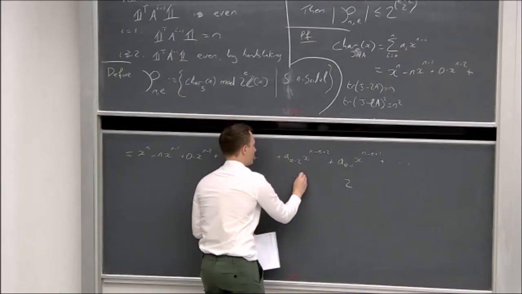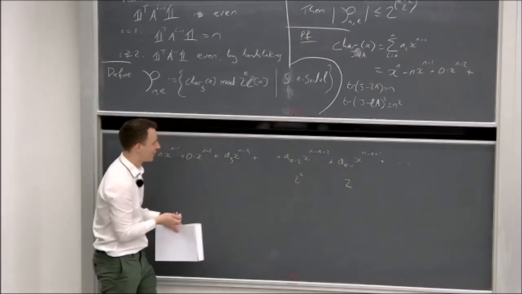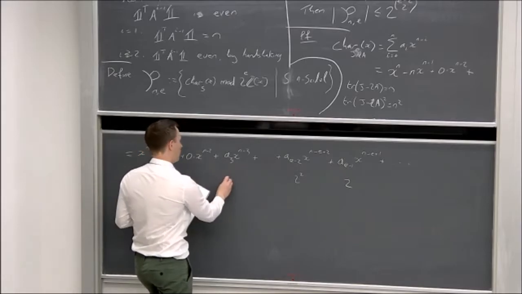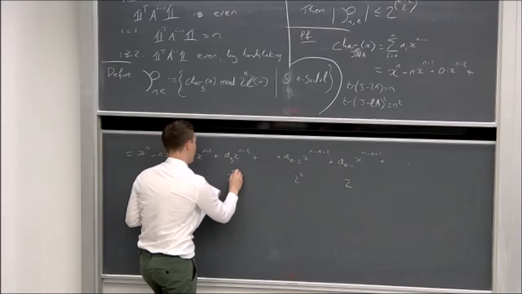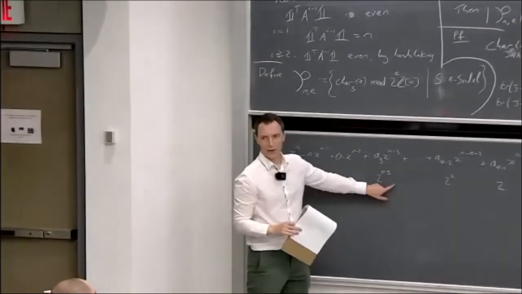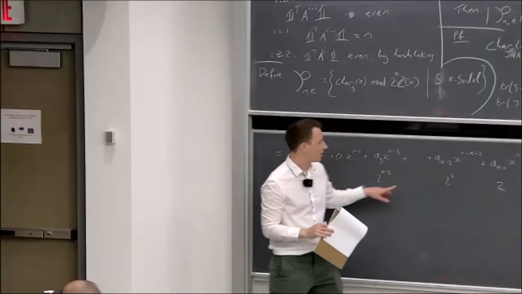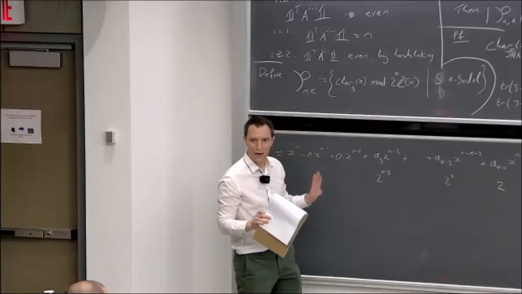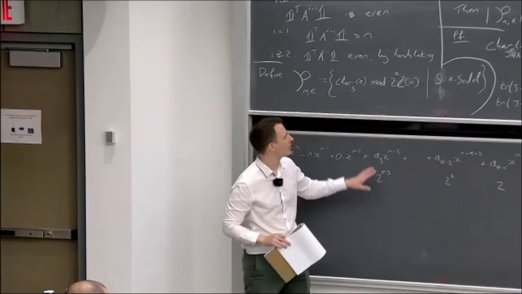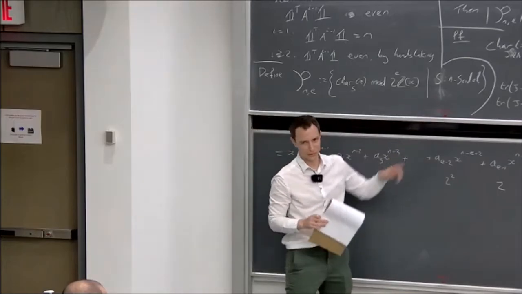Well, that's 2 squared, or 4, if you prefer. And you can keep doing this argument up to this coefficient here, where there are 2 to the e minus 3 possibilities. Apparently there is no relation between these, so they can independently change which congruence class they're in, depending on which Seidel matrix I choose.